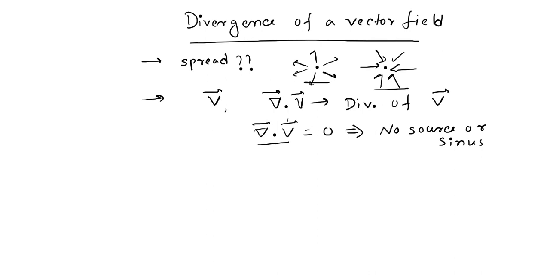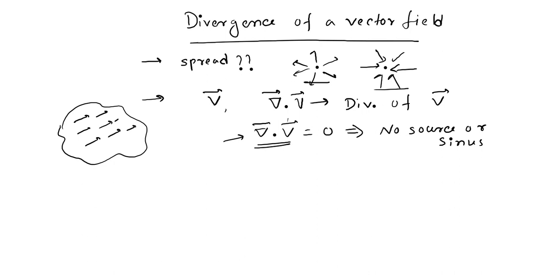As we discussed in the earlier video, when we talk about the divergence of a vector field, at each and every point we can find a vector. But when we find the divergence, we choose a particular point, let's say point A. At that point we would like to know whether this vector field is spreading or shrinking.